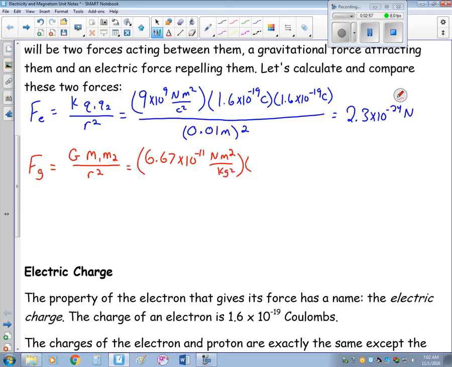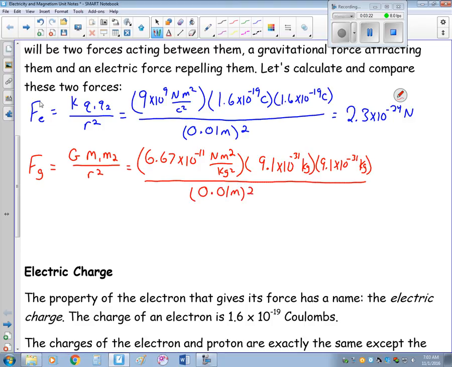The mass of an electron is 9.1 times 10 to the negative 31. The distance between them is a centimeter. Square that. And then when we calculate this, we get 5.5 times 10 to the negative 67th newtons.